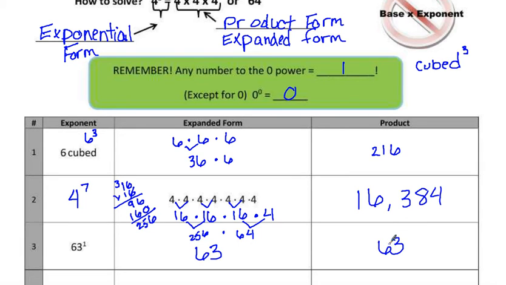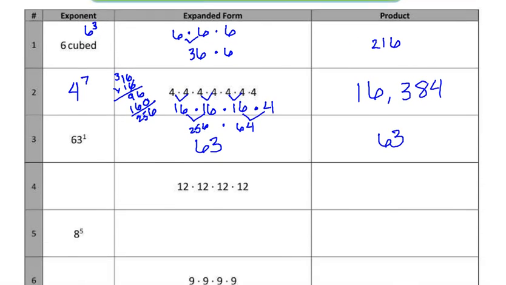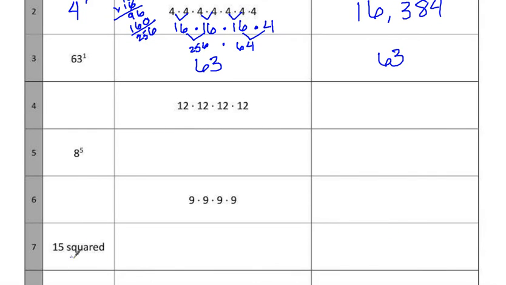So before I let you move on and do 4 through 8, I want to talk about one other vocabulary word, and that's this one right here, squared. So just like cubes are 3D, they pop out at you. Squares are flat. They're on a piece of paper. You can draw them on a piece of paper. So when we think of squared, we think of them as being 2D. They are flat.